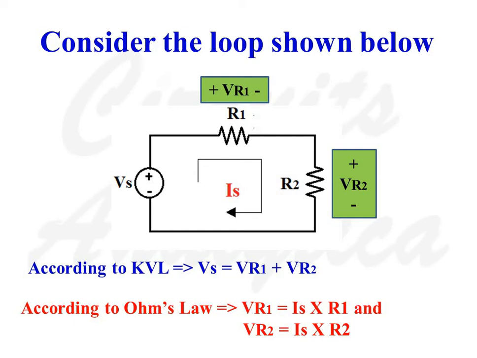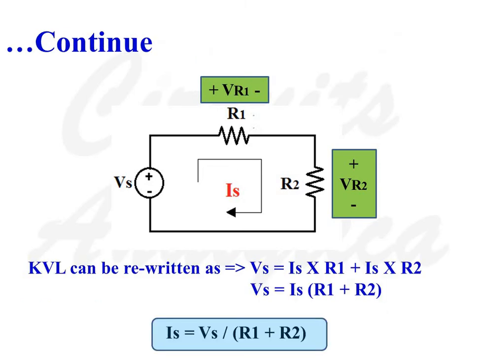Consider the loop which consists of just 3 elements, one voltage source and 2 resistors R1 and R2. According to KVL, we can write Vs is equal to VR1 plus VR2. And according to Ohm's law, VR1 is equal to Is into R1 and VR2 is equal to Is into R2. So KVL can be rewritten as Vs is equal to Is into R1 plus Is into R2.